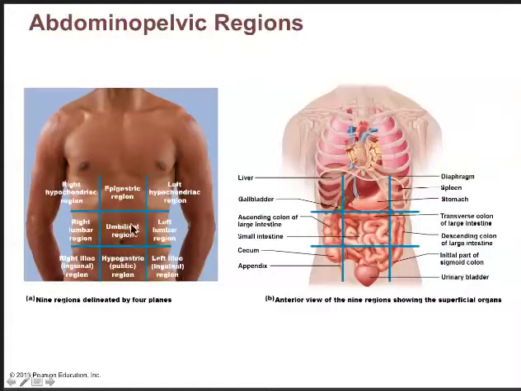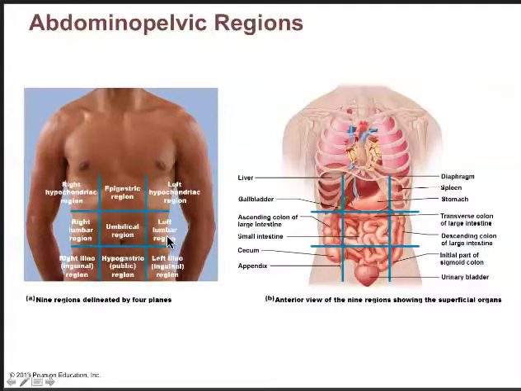The umbilical region is so named because it contains the navel or umbilicus. This is where the umbilical cord attached when you were undergoing development in your mother's womb. That was the lifeline between you and your mother's blood supply. And of course, it attaches to the placenta, which attaches to the uterus. The right and left lumbar regions indicate areas in the lower back.